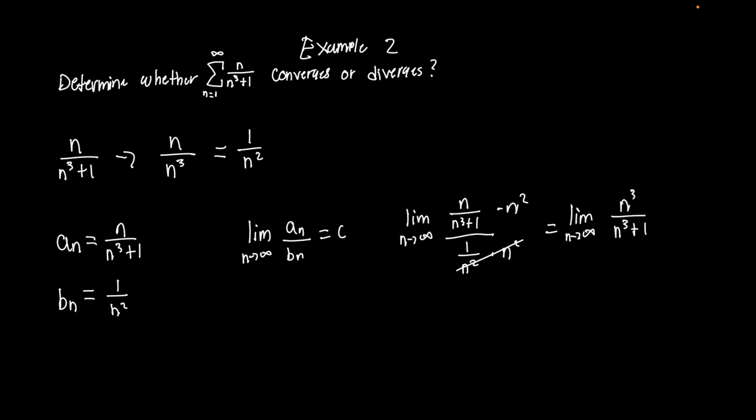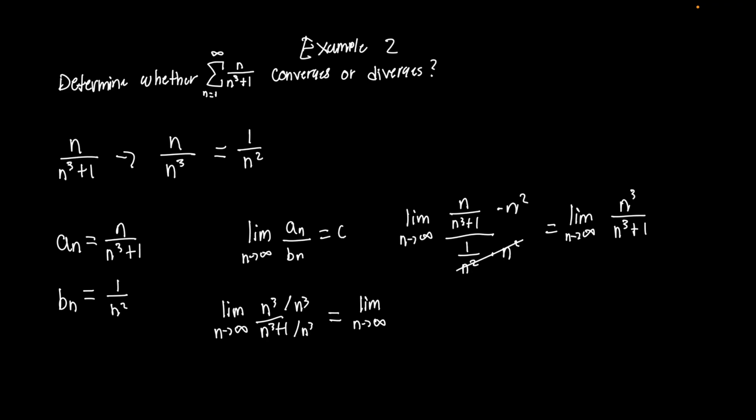Now, let's rewrite this as the limit as n approaches infinity of n cubed over n cubed plus 1. We can divide both the top and bottom by n cubed to simplify. So we divide each term on top and bottom by n cubed.